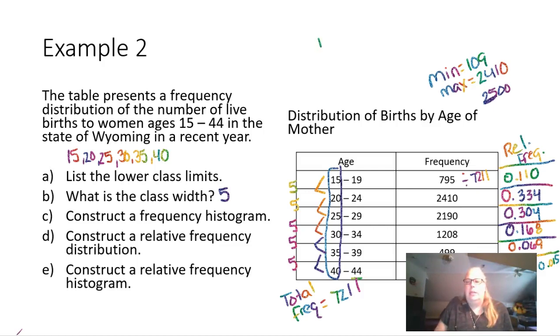Okay, let's see. The minimum number in our relative frequency distribution is 0.015. And our maximum value in our relative frequency distribution is 0.334. Okay, so here's one way that I can scale this so that this is not a mystery about how I got the scales for the frequency distribution or for the relative frequency.